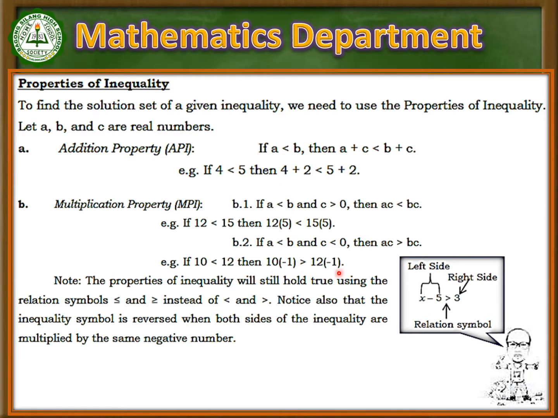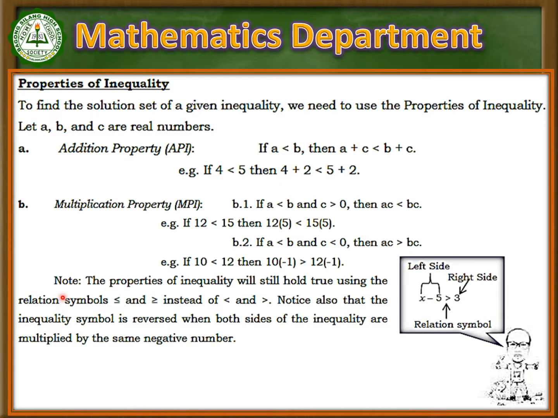Let's simplify. 10 times negative 1 is negative 10 by multiplication of integers, and 12 times negative 1 is negative 12. Is negative 10 greater than negative 12? Yes, that's correct. It satisfies.